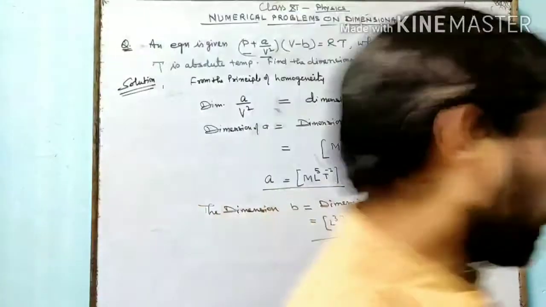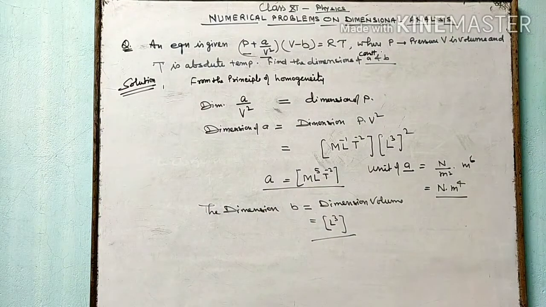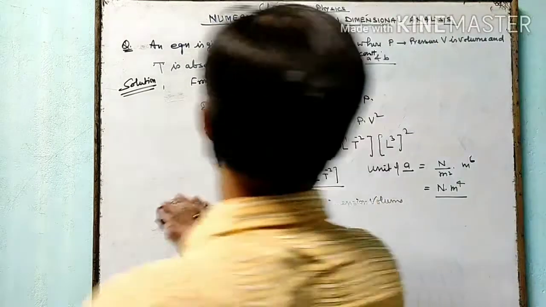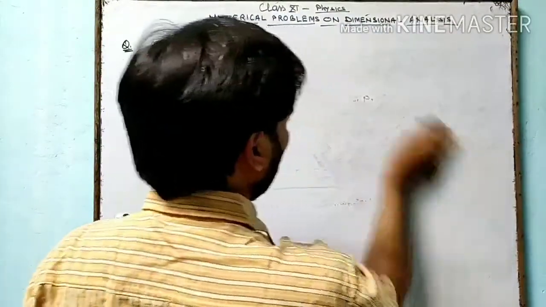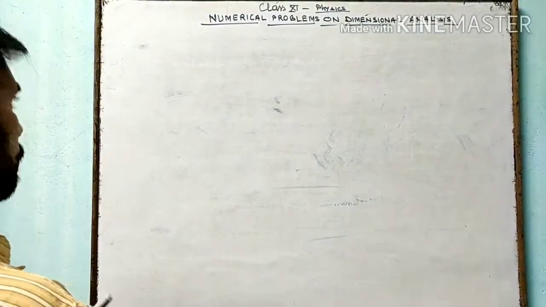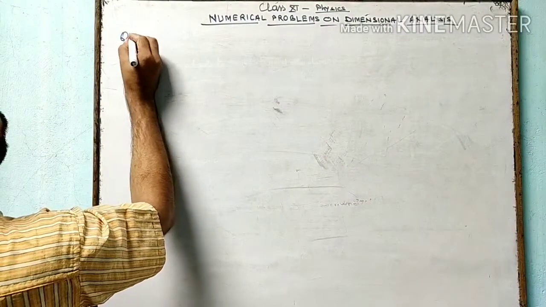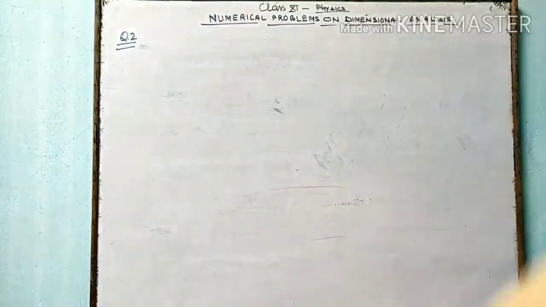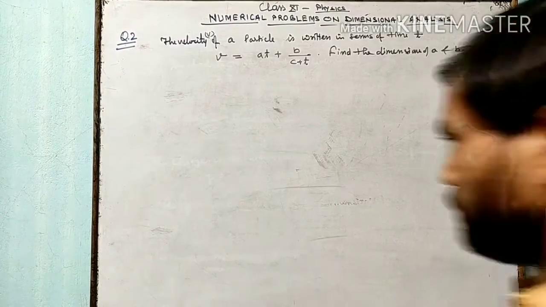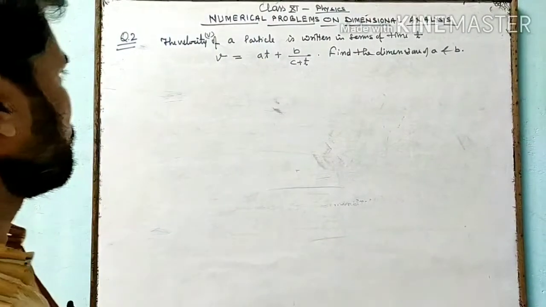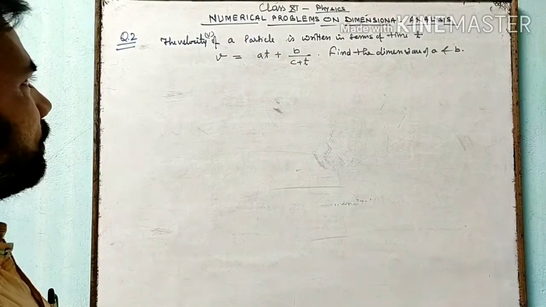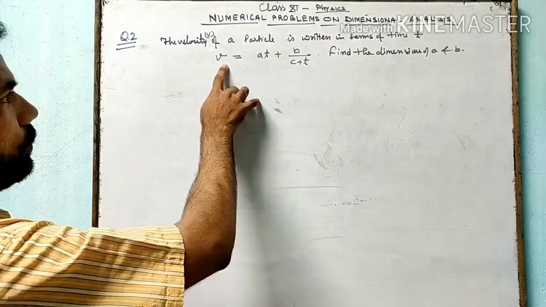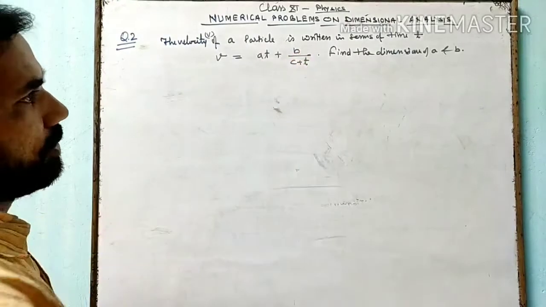Now let us take another problem. The velocity v of a particle is written in terms of time t as v is equal to at plus b upon c plus t.